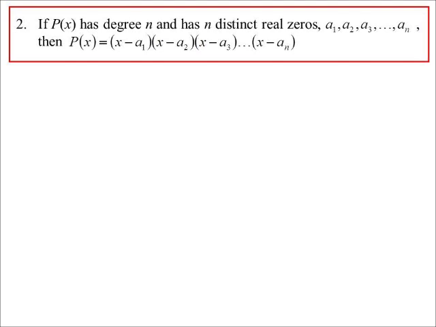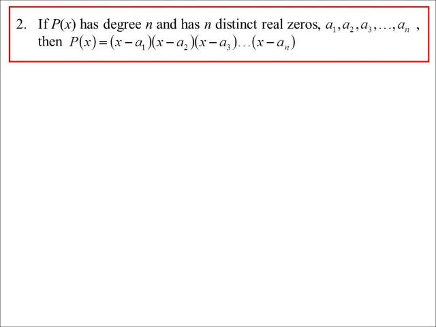So if our polynomial is of degree n, and we know n factors, or n zeros, then essentially we've got the polynomial, because you cannot have more linear factors than the degree. It would be impossible.